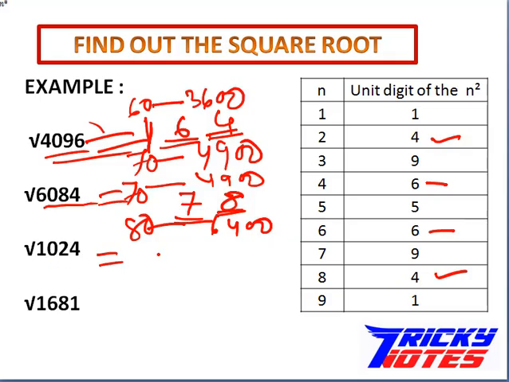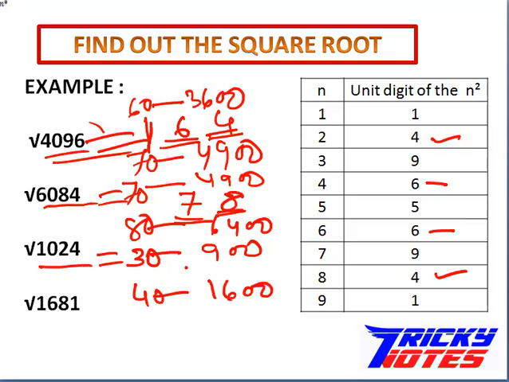Now this is 1024, one more number. Again, upper limit and lower limit. The square of 30 is 900 and the square of 40 is 1600.